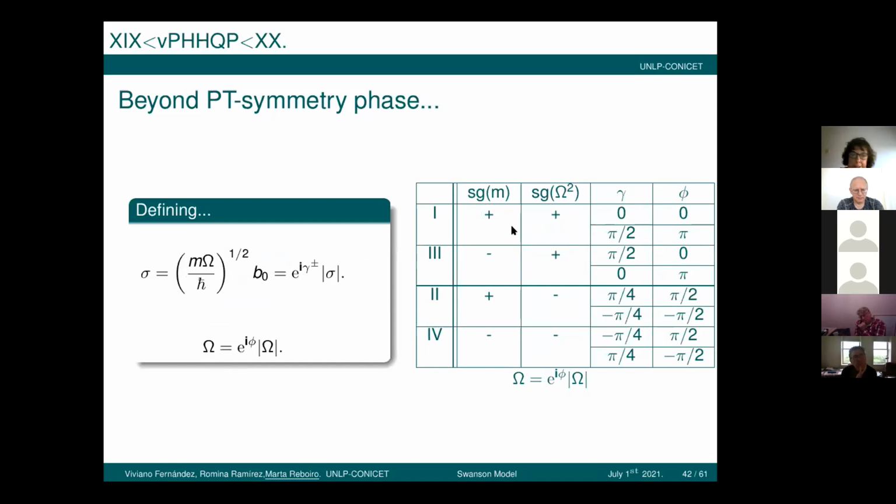We found that in regions 1 and 3, gamma can take the values 0 and pi over 2, and in regions 2 and 4, gamma will take values plus minus pi over 4, and in regions 1 and 3, omega will be real, while in regions 2 and 4 it will be complex.